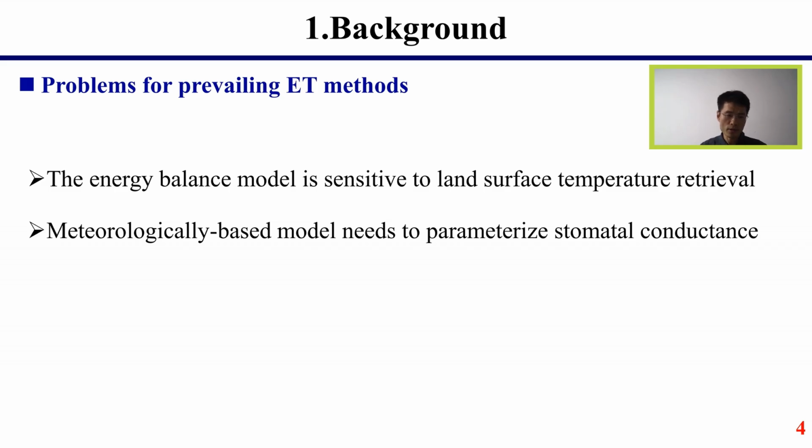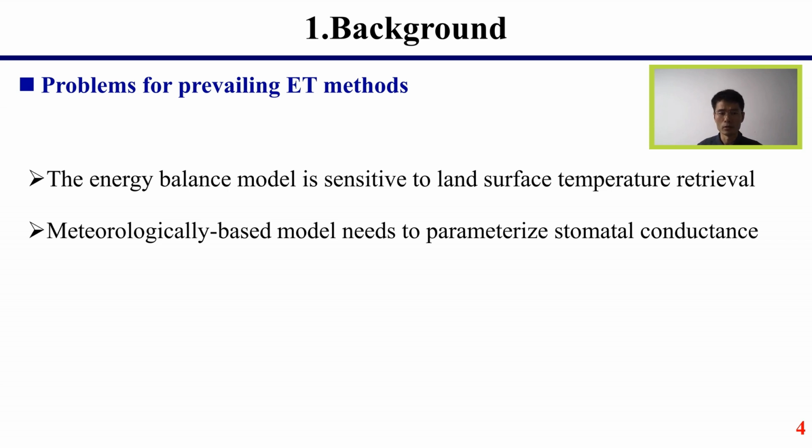As I mentioned, the first type, the energy balance-based model, is very sensitive to land surface temperature retrieval. We need to know the surface temperature to derive evapotranspiration, but the land surface temperature is not easy to get accurately. That is a problem the energy balance model comes across.